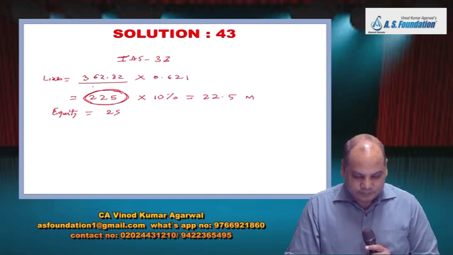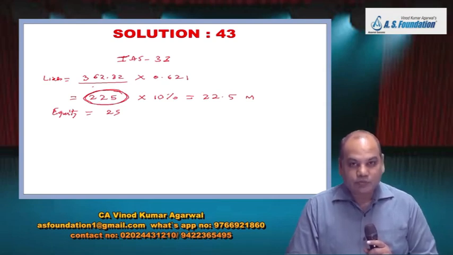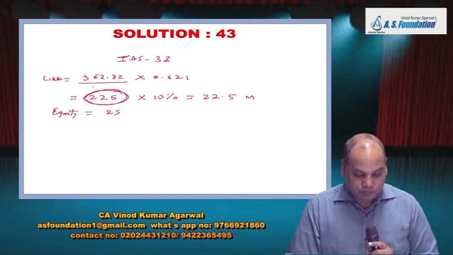Next line, required using the information given in note 1 and note 2. Compute goodwill arising on acquisition of beta on 1st April 4 and gamma at 1st October 15.